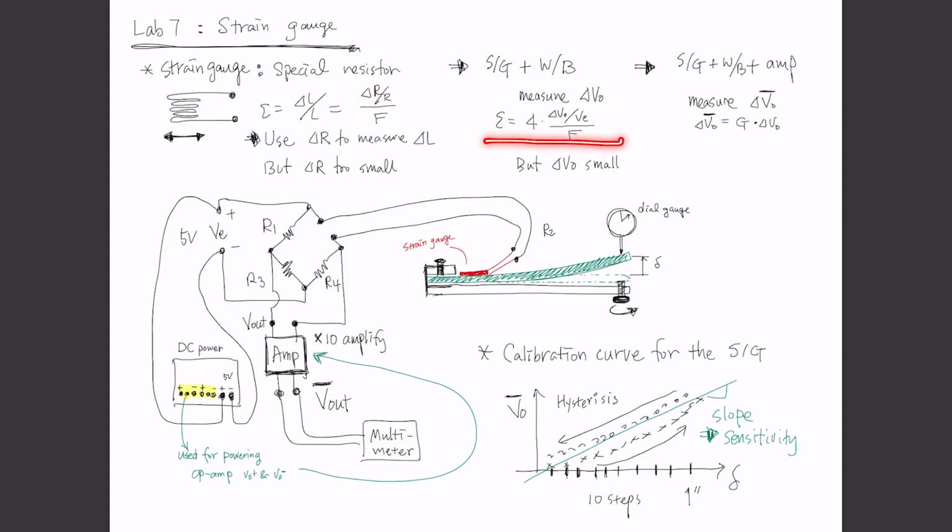And the equation follows in this way, but the problem here is this voltage change is still so small. So what we're doing here is adding an additional amplifier so that we can amplify this very small voltage by some ratio, and by measuring this we will be able to find the strain value finally.